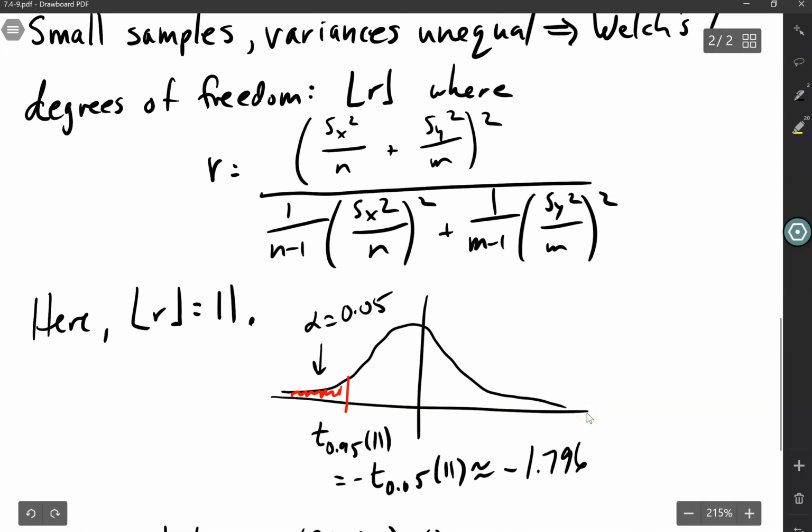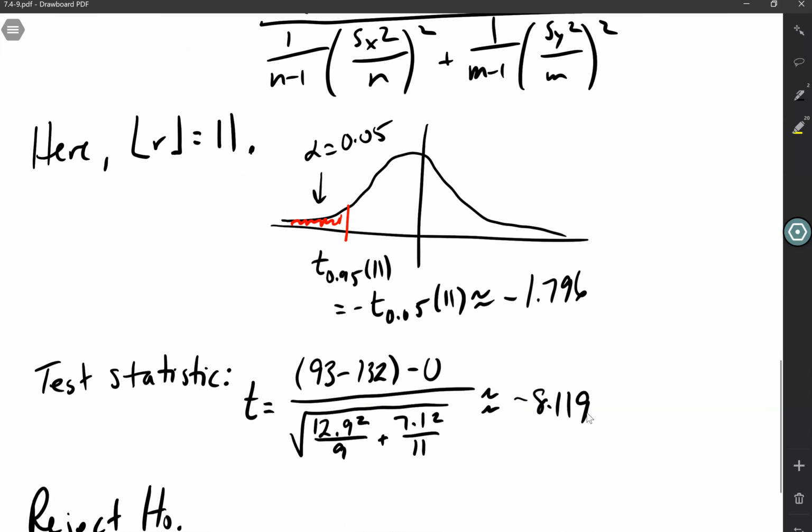All right, so our test statistic now is the same test statistic we would use if we had large samples, right? We don't use the pooled variance test statistic. We use it like we would have large samples. So we would do the difference of our sample means, so the 93 minus the 132, subtract off what we think the difference is from the null hypothesis. In this case, we're assuming they're equal, so that difference would be 0.